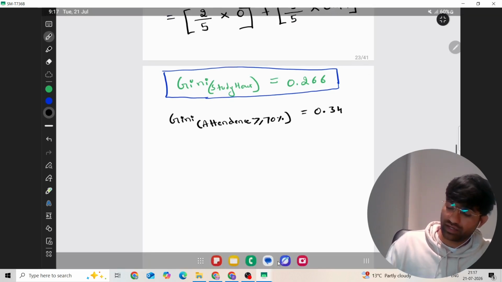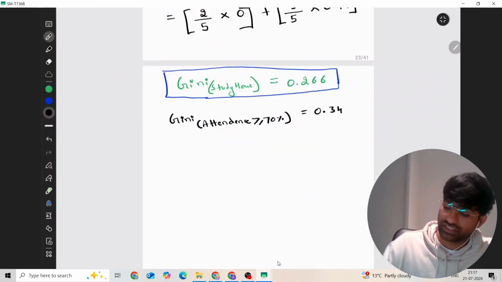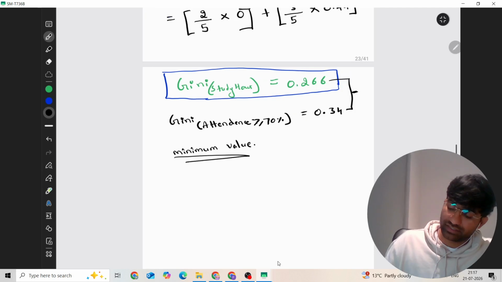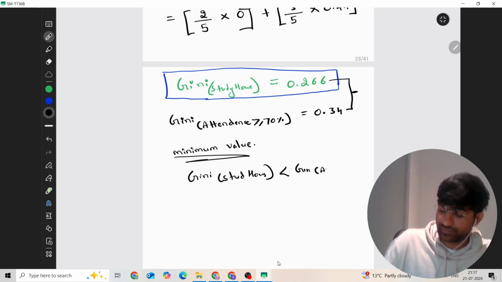The machine will compare these two values and select the minimum value. That is, Gini of study hours is less than Gini of attendance. Then the machine will choose Gini of study hours.